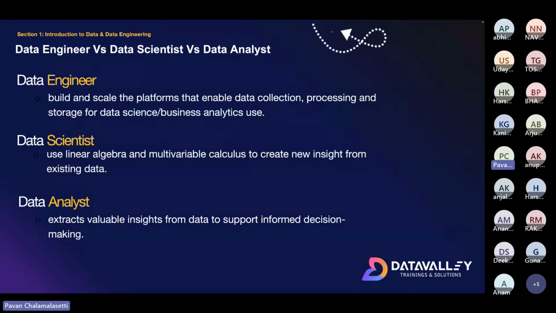Going by the definition, they build and scale the platforms, the platforms that allow data collection, data processing, and data storage for business usage purposes.